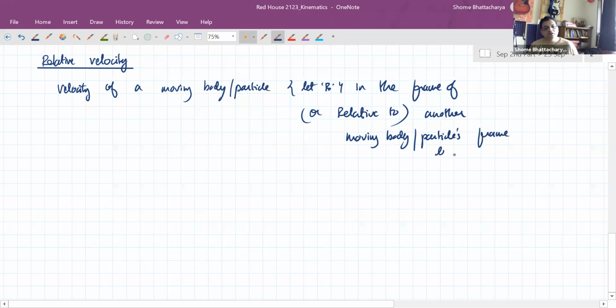Let's say that one is A. So we write it like this: velocity of B with respect to A.